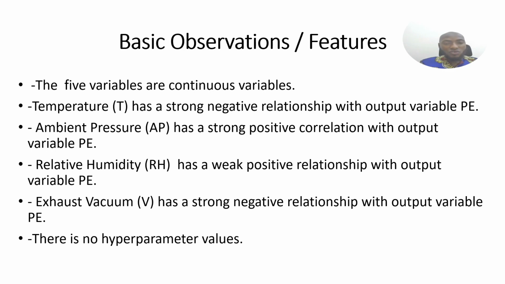Temperature AT has a strong negative relation with output variable PE. Ambient pressure AP has a strong positive correlation with output variable PE. Relative humidity has a weak positive correlation with output variable PE, and then exhaust vacuum has a strong negative correlation with output PE. There are no hyperparameter variables.